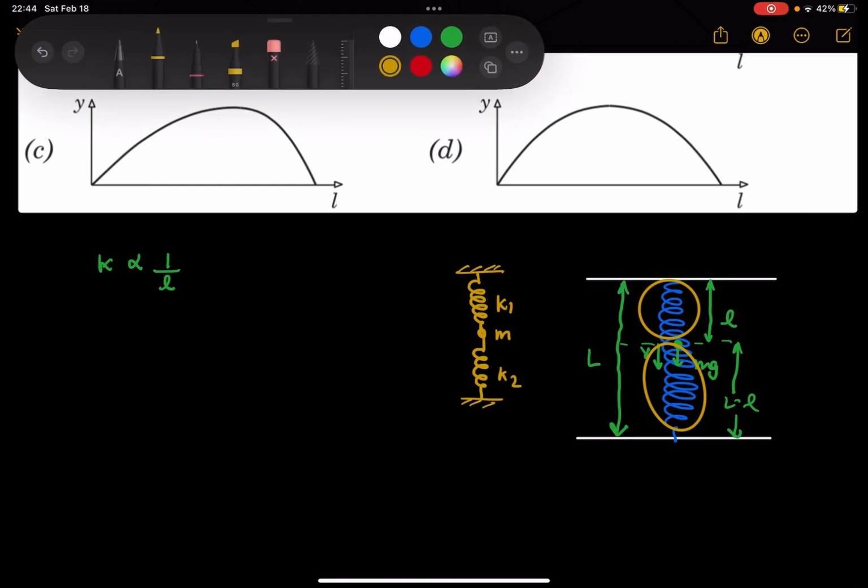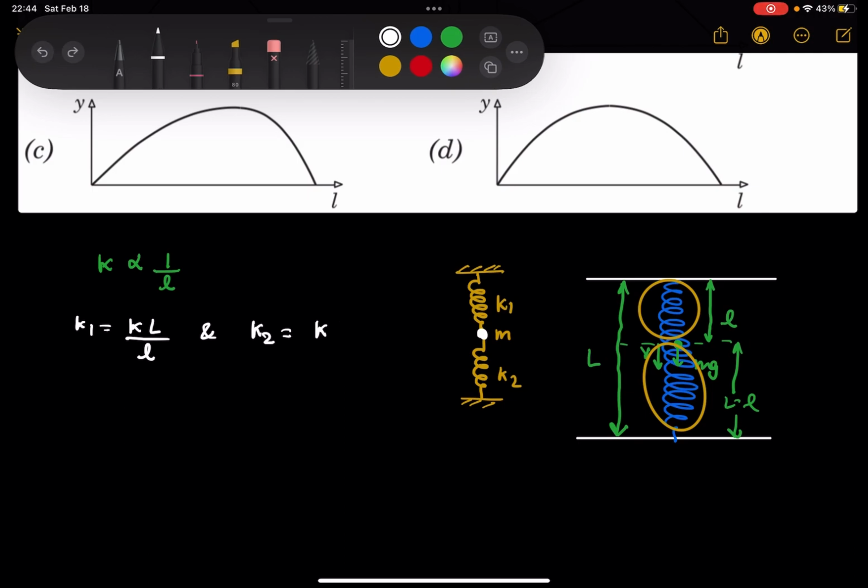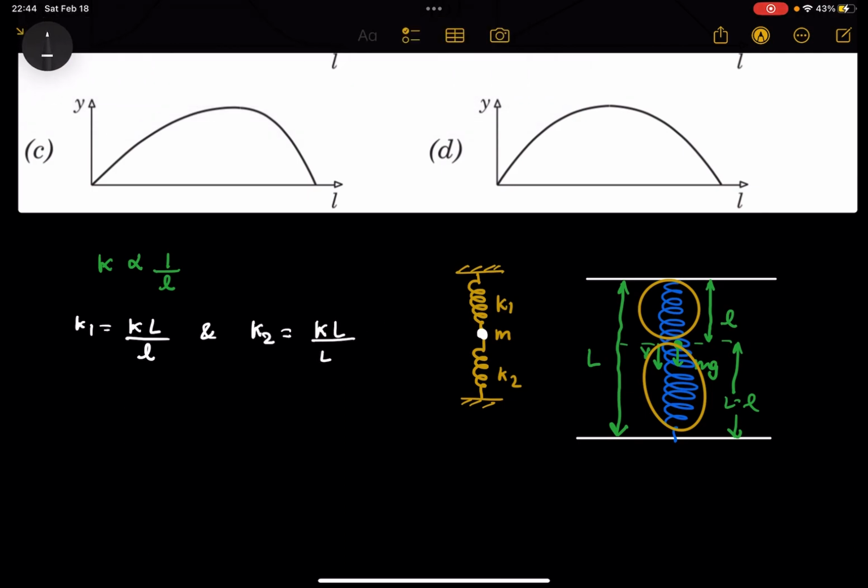So if I want to calculate K1 and K2, then we can say that K1 is equal to K capital L over small l, and K2 is equal to K capital L over capital L minus small l. K is the total spring constant of this whole spring. Okay. So this is a simple case.